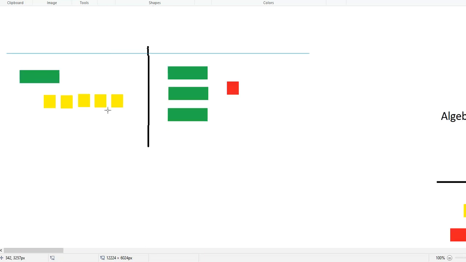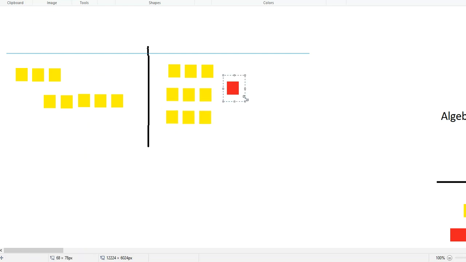So what if I come down here and I'm just going to replace this, okay? I'm just going to put it right there. And then I'm going to do the same thing for each of these green bars. Each of those green bars, the same thing as I'm just substituting that in.